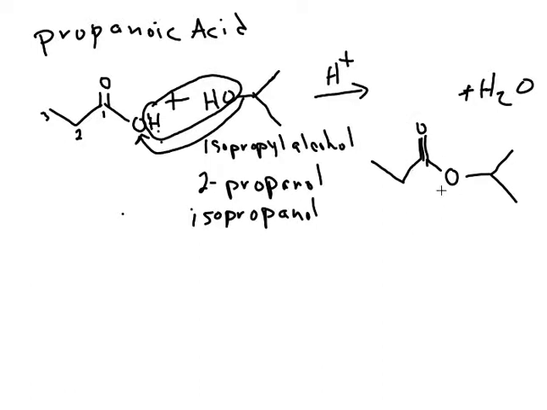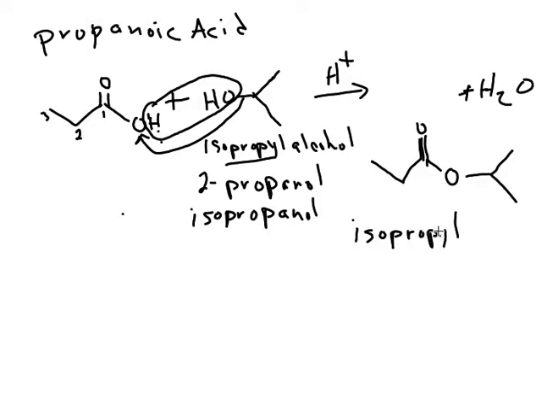And now we've made our ester linkage, which is a C double bonded to an O, single bonded to an O carbon chain. And what we do is we take the branch that was the alcohol and we name it as a branch. So we would call this isopropyl.